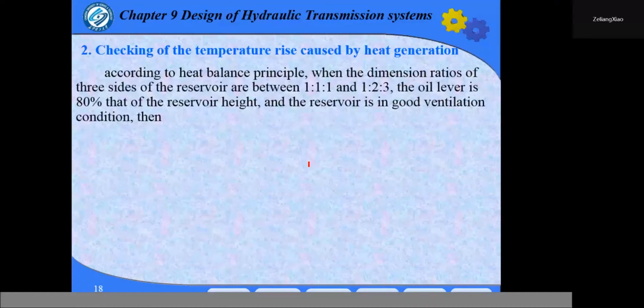According to a heat balance principle, when the dimension ratios of the three sides of the reservoir are between 1 to 1 to 1 and 1 to 2 to 3, the oil reservoir is 80% that of the reservoir higher, and the reservoir is in good maintenance condition.